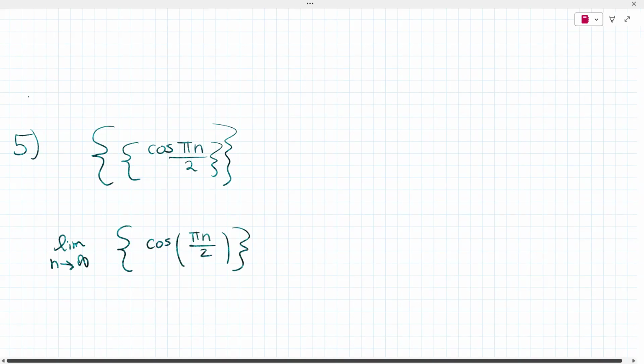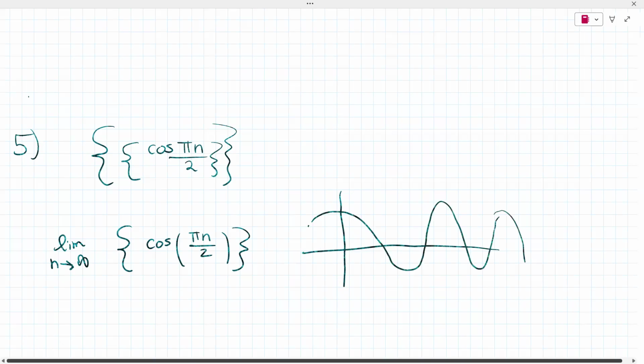We know this is a cosine graph, so it might look like this. It goes to max, min, max, min, max, min, right? So as x goes to infinity, the y value just keeps on oscillating. So this is just going to diverge.